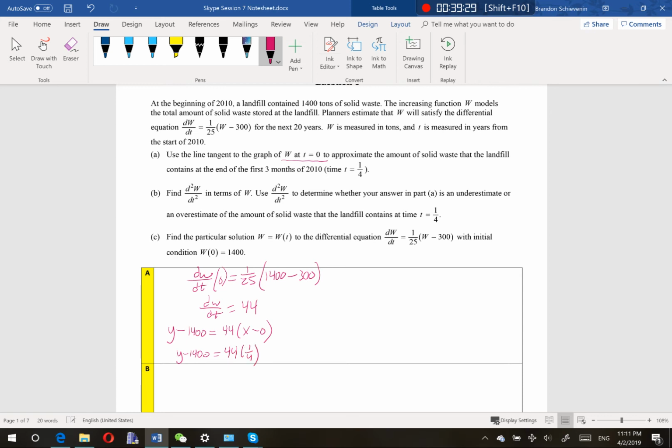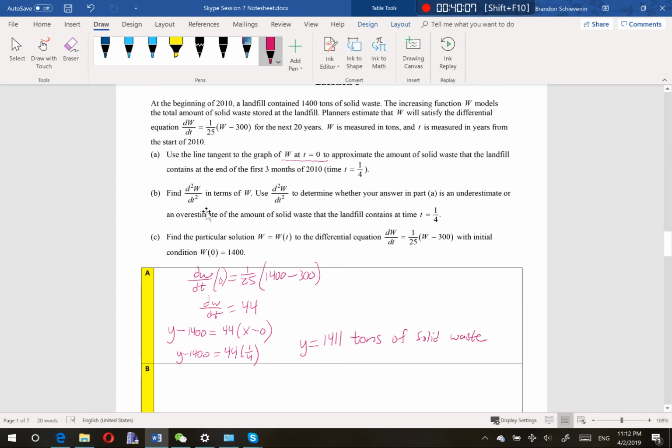What is 44 times 1/4? 11. What is 11 plus 1400? 1411. Okay, what are my units? Tons. Tons of solid waste.